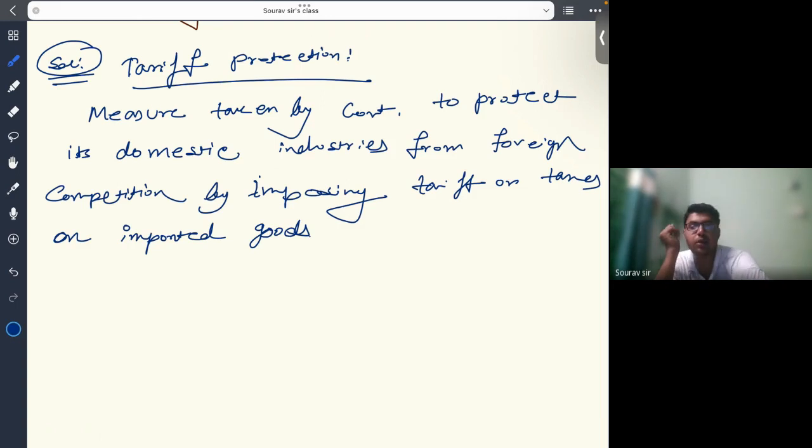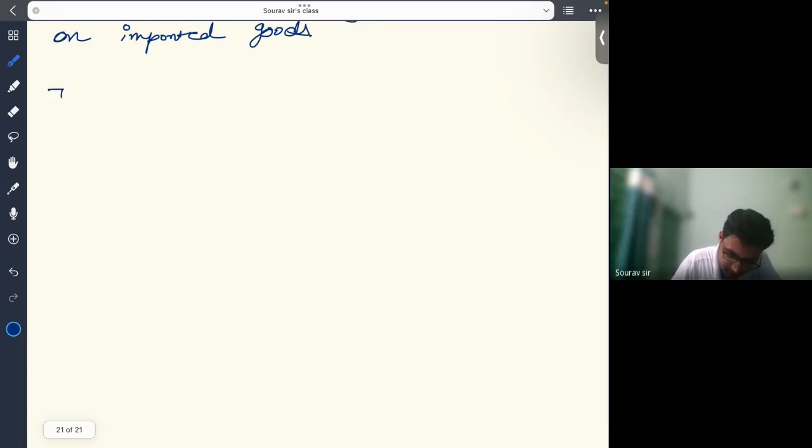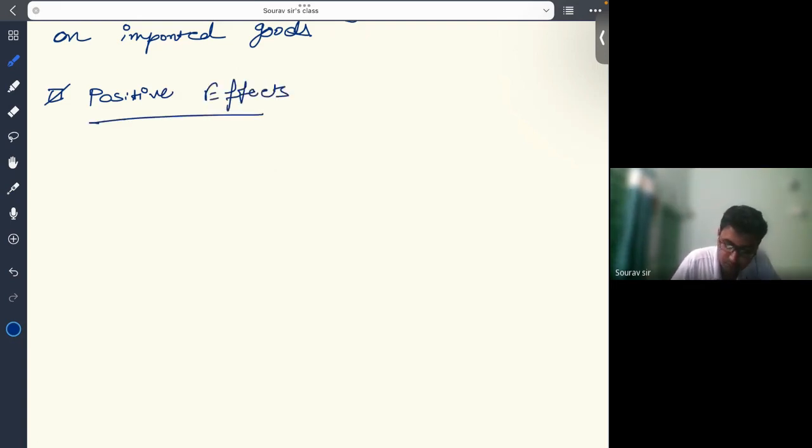Okay. So the effects of tariff protection on domestic industries in India can be analyzed as follows. First, you can analyze the positive effects of this tariff protection. Positive effects.